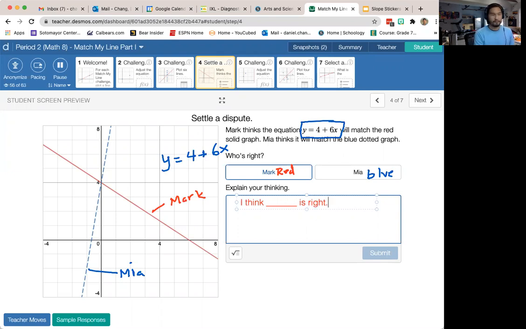That's either Mark or Mia. I think this because the slope of the line is blank, and I know blank's line matches.